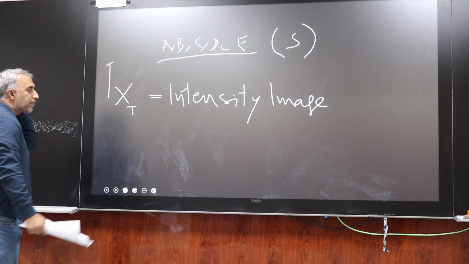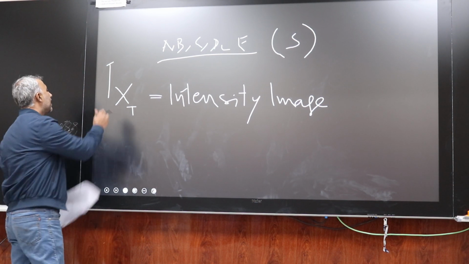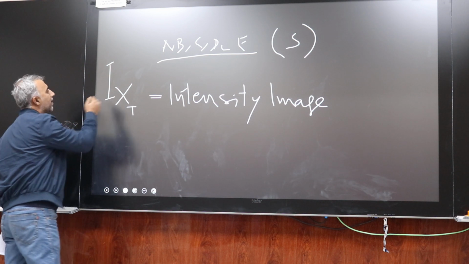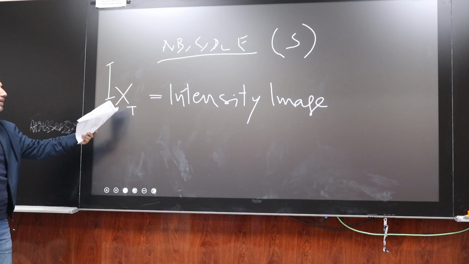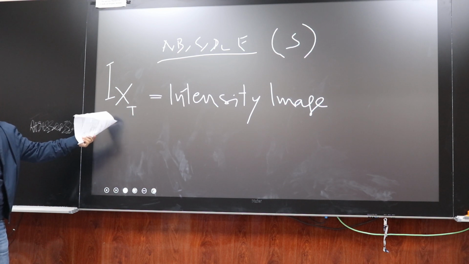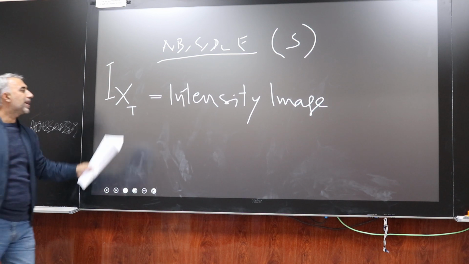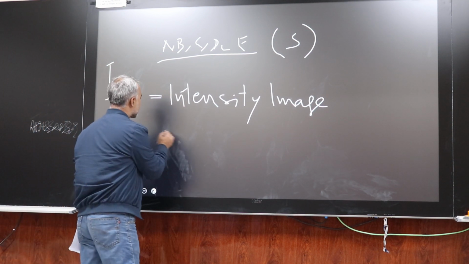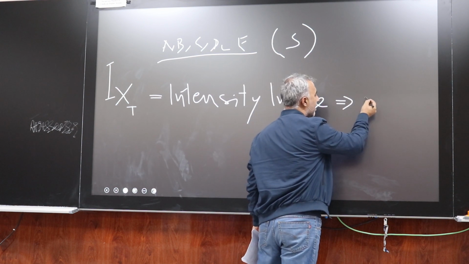Actually, I want to say this is some kind of a matrix of the image, the test image. Then what will you do with it? You will make this into a feature, again a feature vector.